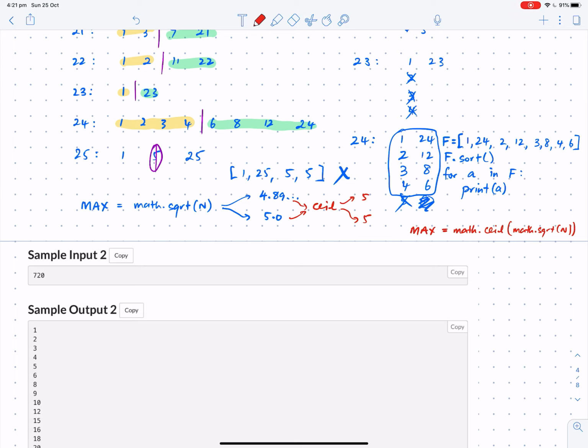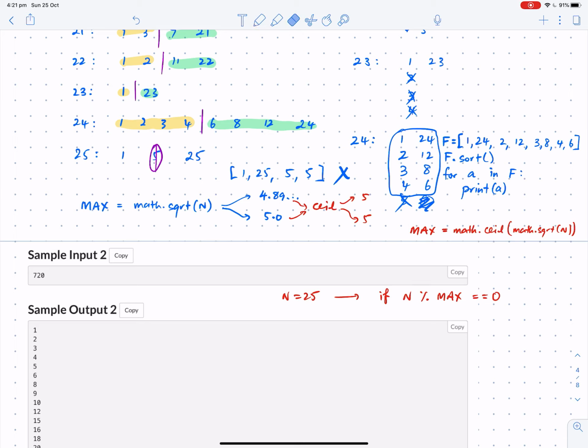But we need to check, right? If we've got a number like 25, then what we need to check is whether the maximum is actually a factor. Then it means we have a square number.